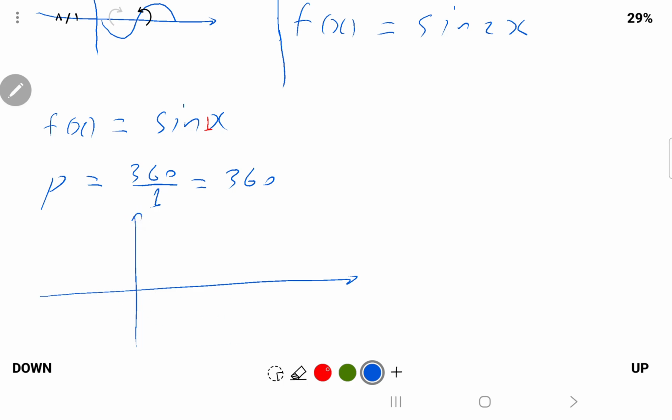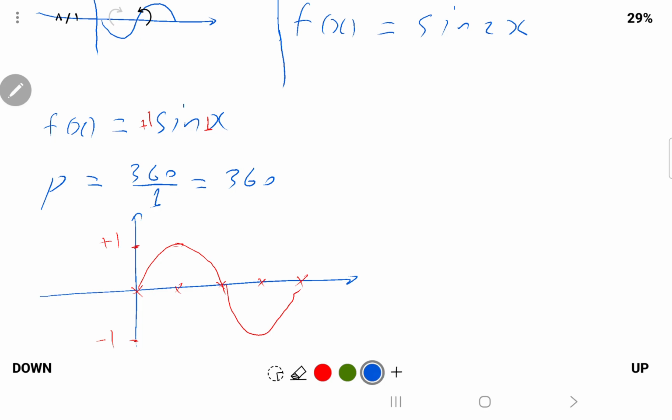Here you have 5 points, 1, 2, 3, 4, 5, and here you have plus 1 and here you have minus 1, the maximum and minimum points. Now you graph it this way. So that's the parent function.